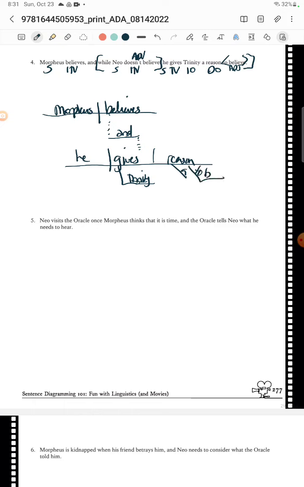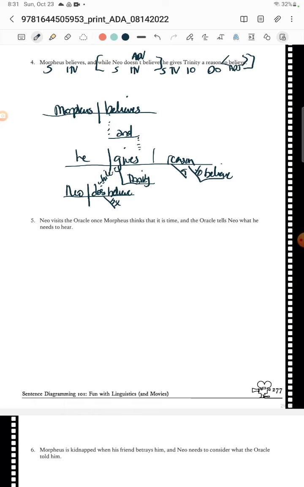It's a reason to believe, because remember, your infinitive phrases can do anything, including being adjectives and adverbs. So which reason? The reason to believe. Okay, and then he does that while he doesn't believe. Is there more believing? No.